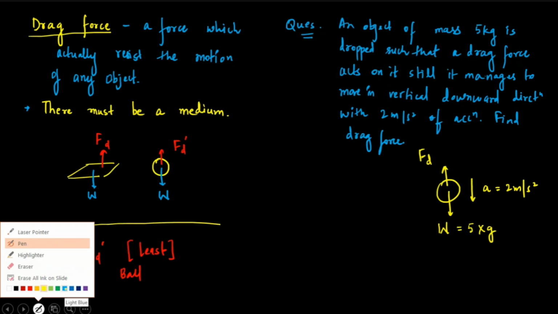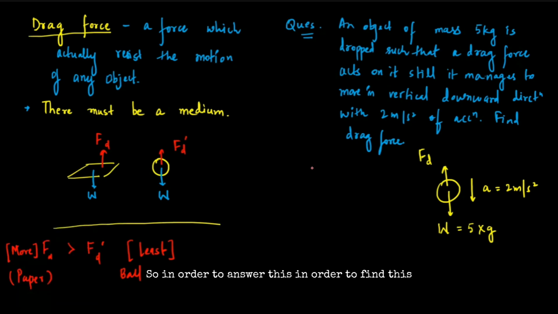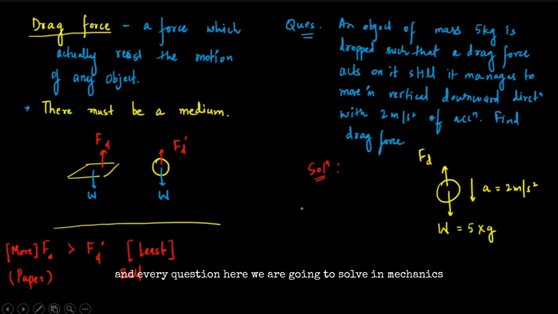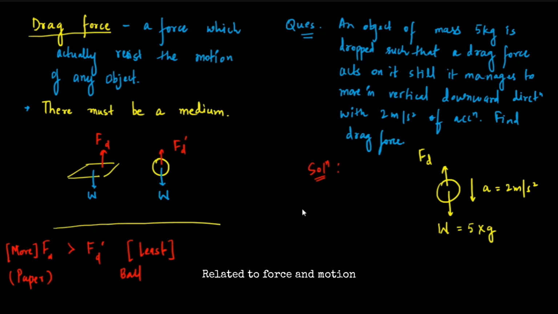So the question is, how can we find the drag force? In order to find this, remember the process. This is going to be used in each and every question we solve in mechanics related to force and motion. Remember the process always, because these questions are very easy, to be honest. If you understand the concept, it will automatically become very easy.